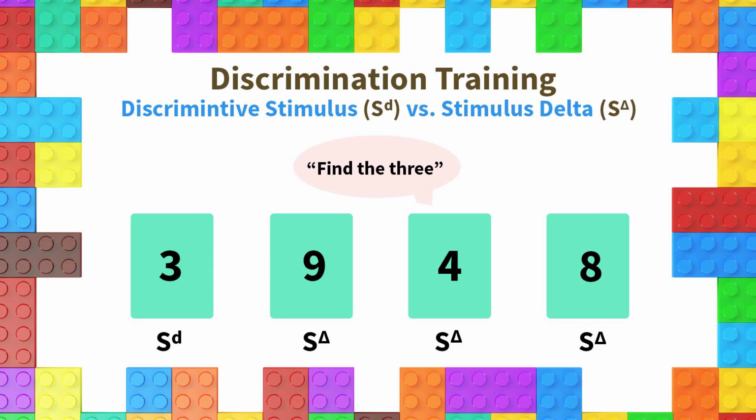If successful, the client can now use this new skill to know when responding with 3 is appropriate. For example, when a school teacher draws a 3 on the board and asks, "What number is this?" the new behavior will be used because the child knows it usually produces reinforcement. Stimulus discrimination will be examined further in the discrete trial training module.